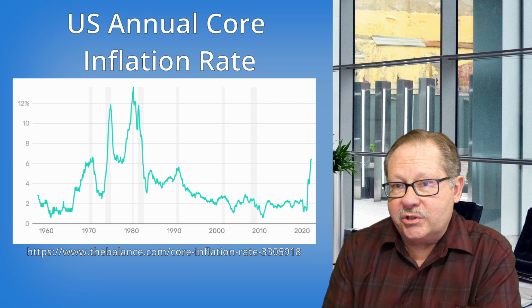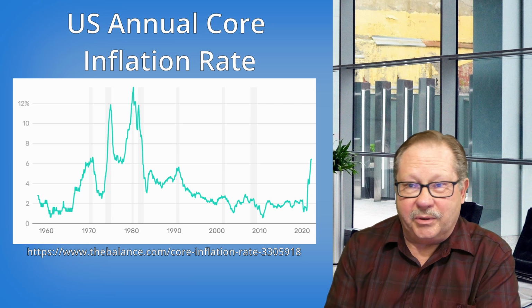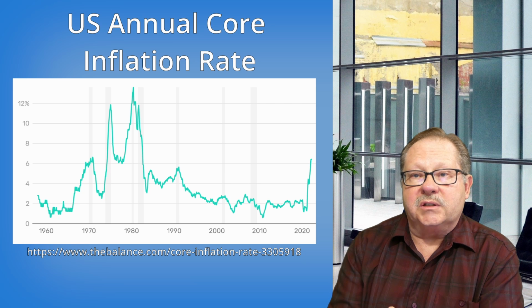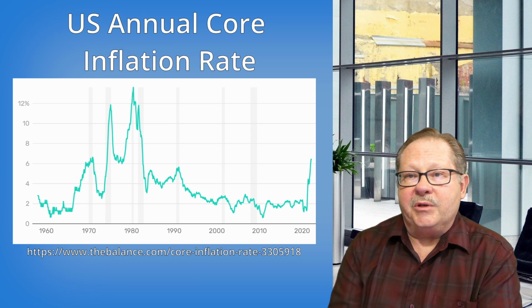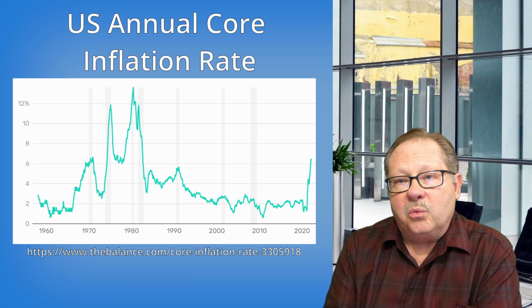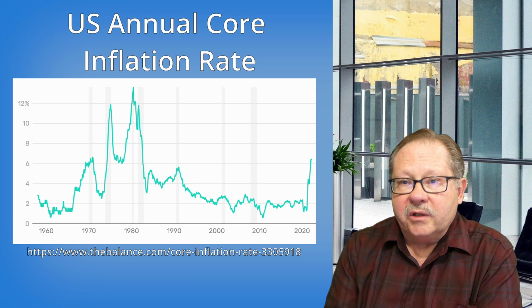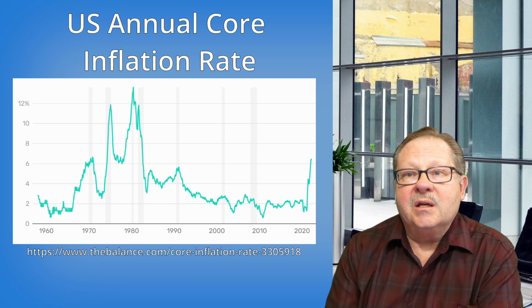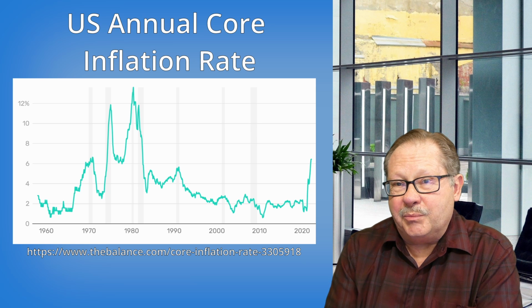So if any of you are feeling the pinch of trying to put gas in the car or put food on the table because maybe you have a large family or you're a young family, literally the core inflation rate is only 6.6, but the headline inflation rate is 8.3.